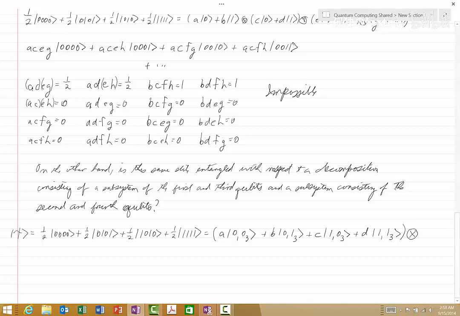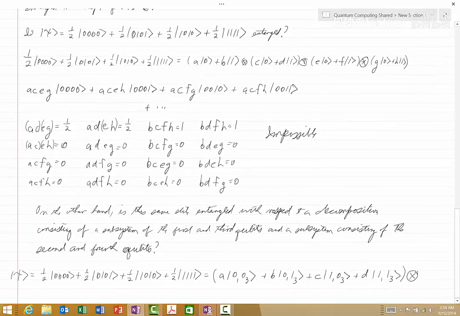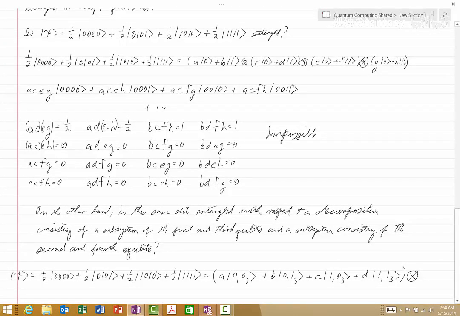Now, again, these four 2-qubit states form a basis for the subsystem consisting of the first and third qubits. Just like up here, you see this is a basis for the first qubit in the expression.